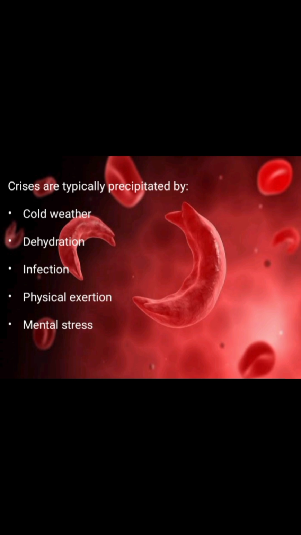For infections, we all know that they will trigger systemic inflammatory mechanisms, and all those cytokines will come into play, so they will also cause instances of the crisis. Then we have physical exertion, and the last being mental stress. If you are stressed too, it will probably have an effect on your metabolism.